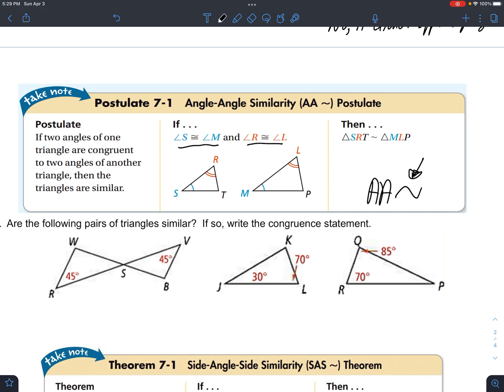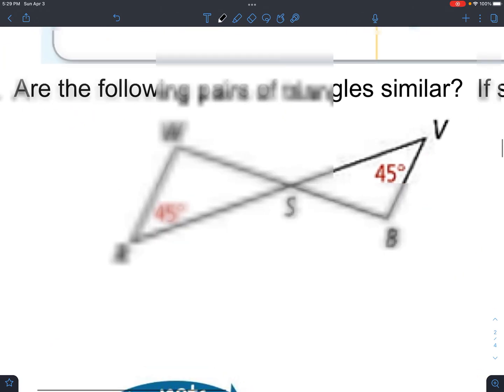Okay, so you have to put this squiggle sign or else I'm not going to know what you're talking about, especially when we move on to the next two. So these are similarity theorems. They're not congruence theorems. They're not the ASA, SAS, AAS, none of that. It's similarity. We're trying to show that triangles are similar, not congruent. So we need that squiggle there.